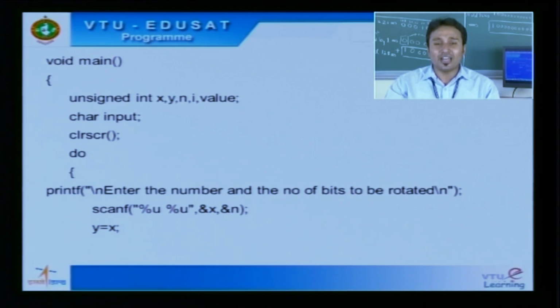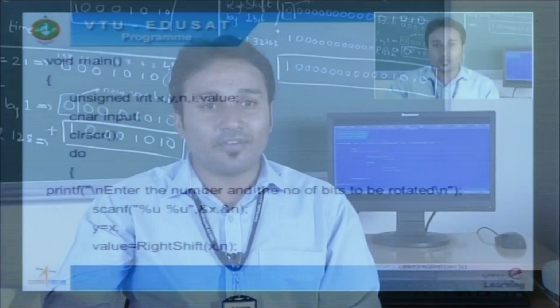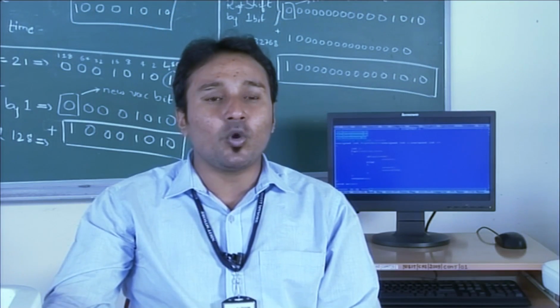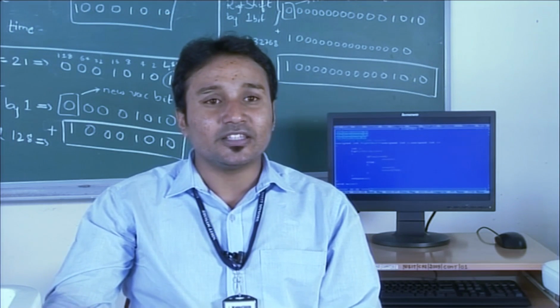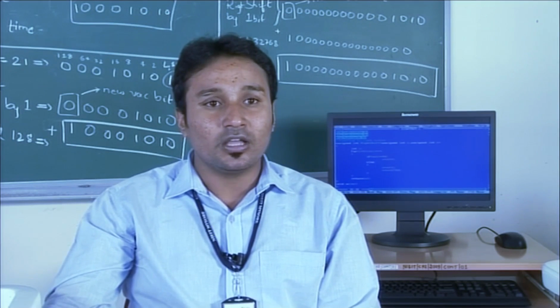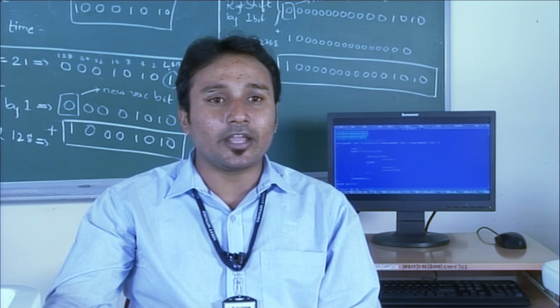Next we assign the value of x to y, and the function right shift of x comma n will be called. The answer of that function will be stored in a variable known as value.